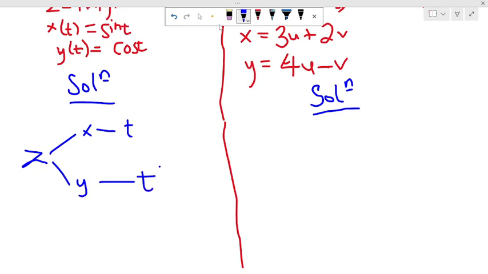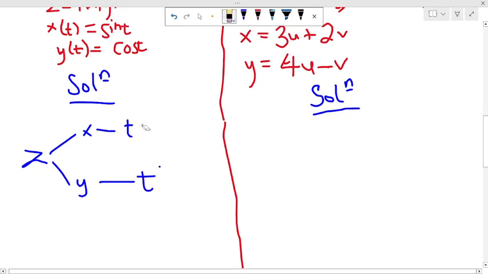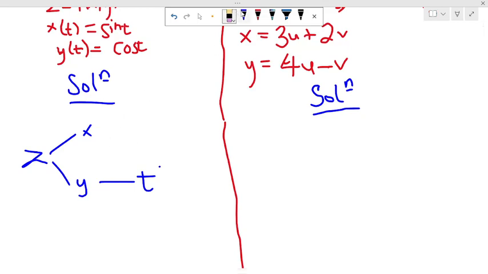Our x is dependent on t, and our y is also dependent on t. So now let's write expressions for each of them.